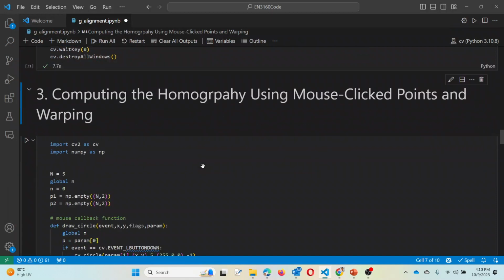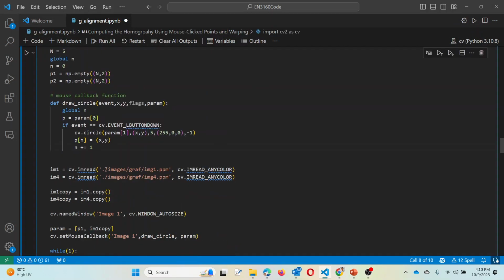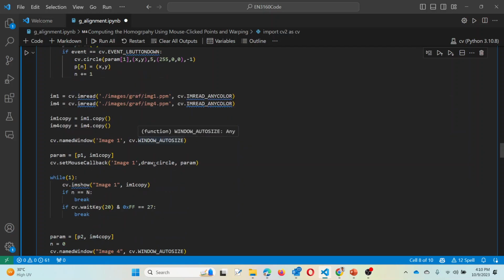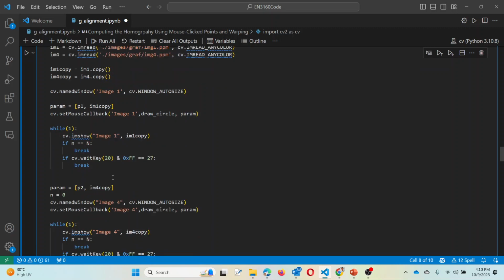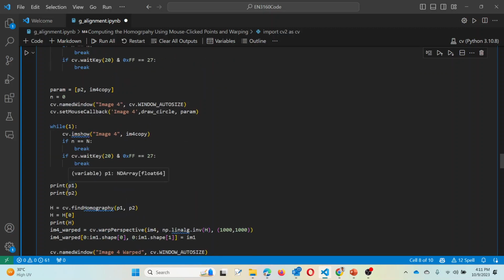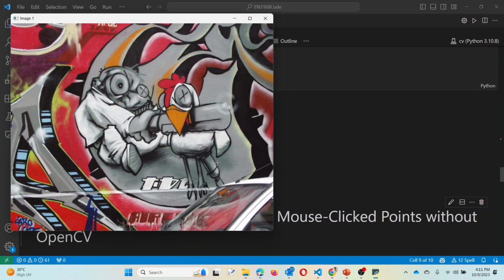Okay. So let's compute the homography using mouse click points. I have a function that would allow me to click and then obtain those points. Those points are in P1 and P2, and using P1 and P2, we use OpenCV's findHomography function to find it. Let's try that. You have to carefully click the points.